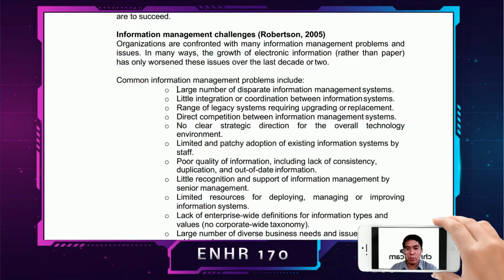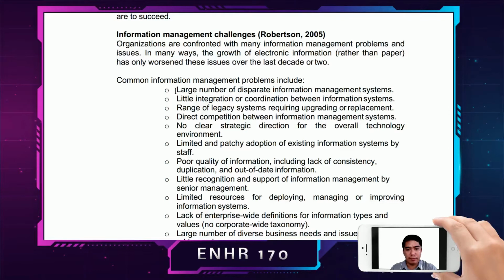So we have here number one, large number of disparate information management systems. Minsan kasi every function ng isang organization, merong kanya-kanyang information systems. That's why sometimes ang nangyayari is hindi mapag-connect-connect, or little integration or coordination between information systems.